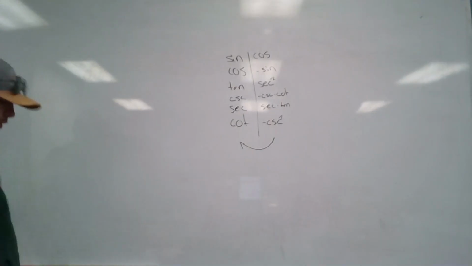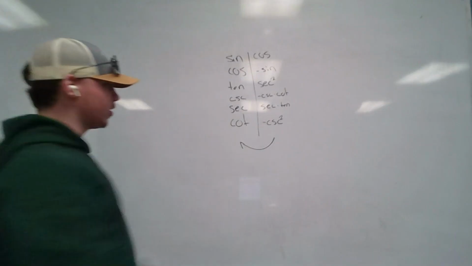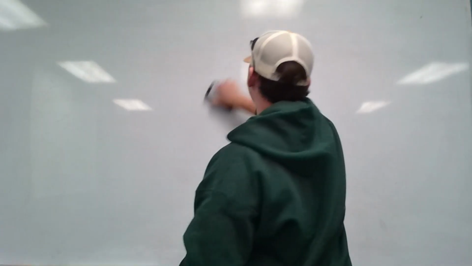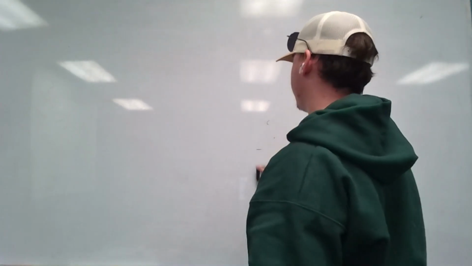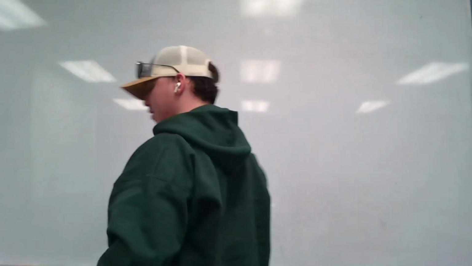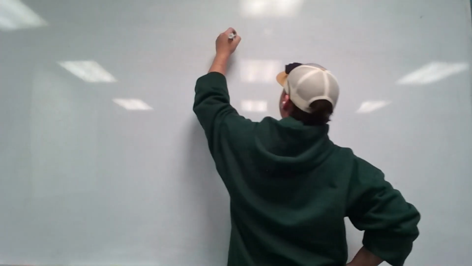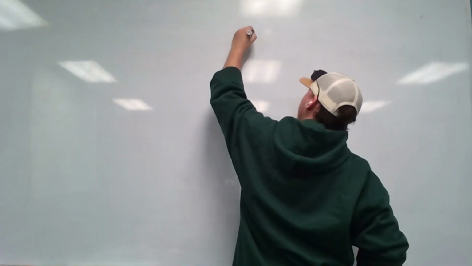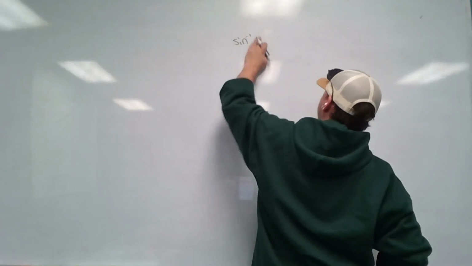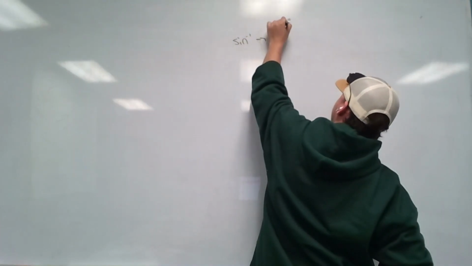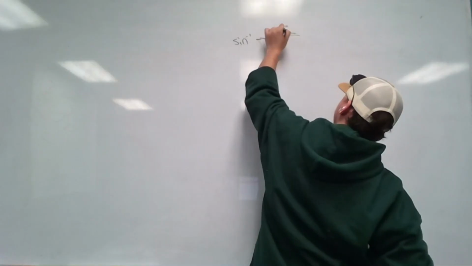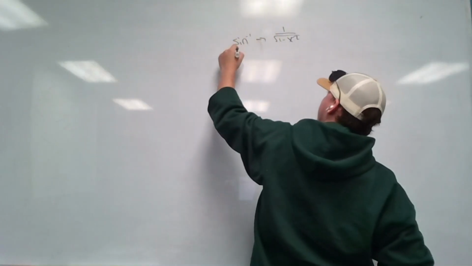I would also remind you of your other trigonometric things, the inverse trig, where the derivative of sine inverse turns into 1 over the square root of 1 minus x squared.